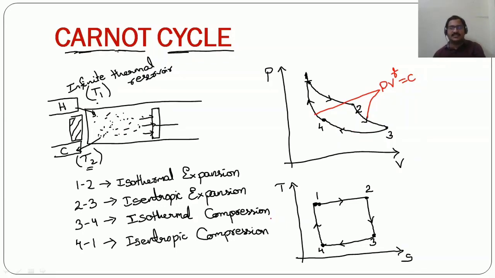So when we have considered isentropic expansion and compression here, there will be no heat transfer. So heat transfer will be zero during this process. So during this isothermal expansion, heat is added here in order to have this isothermal expansion. So in process 1 to 2, we will have heat addition or heat supplied.